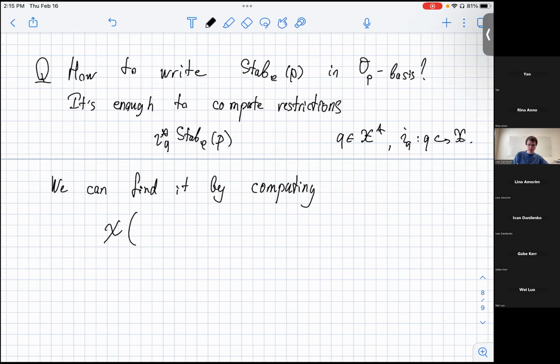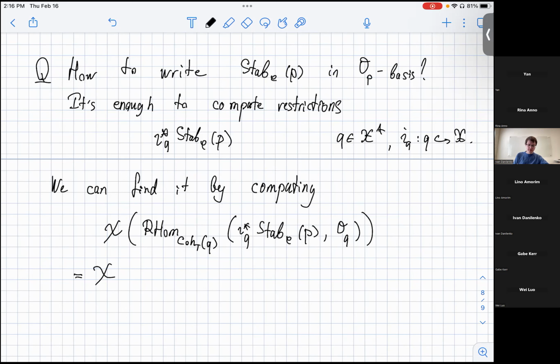The Mukai pairing is the Euler characteristic of R Hom, the derived Hom, in the category of coherent sheaves of a point. That's basically the same as computing the pullback up to taking a dual, so up to inverting characters. That's exactly what we're computing.